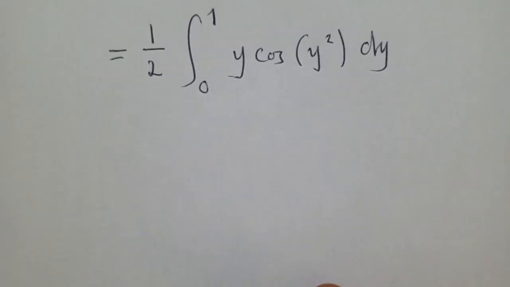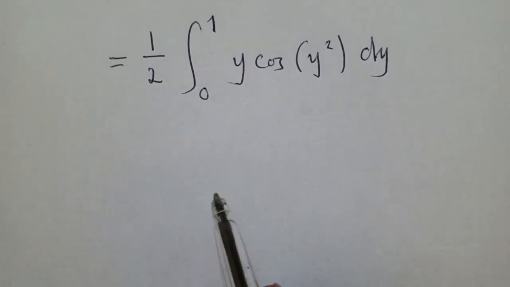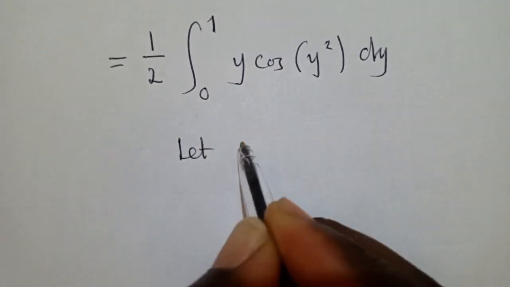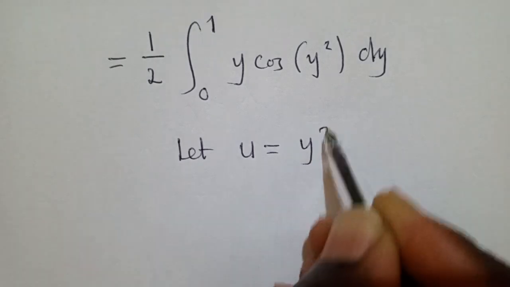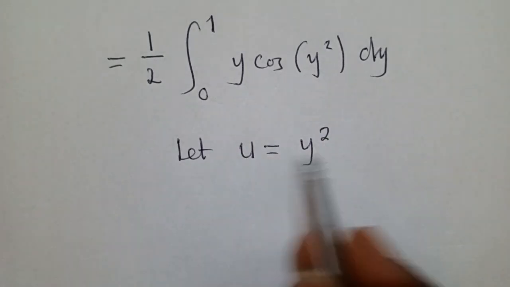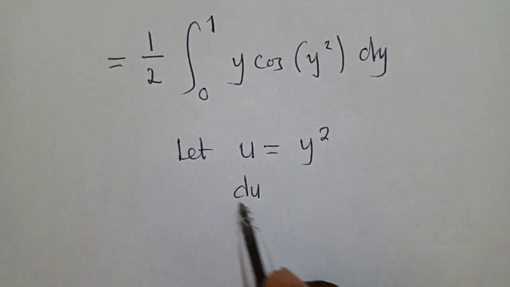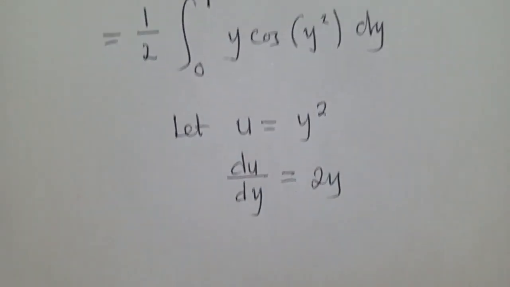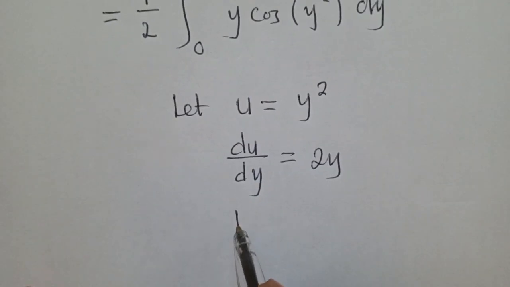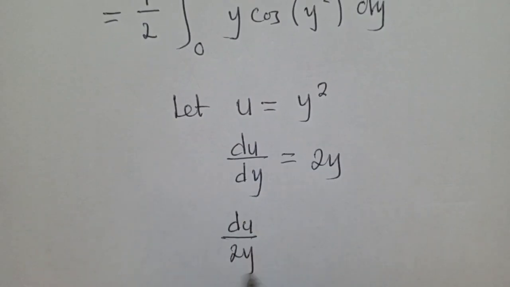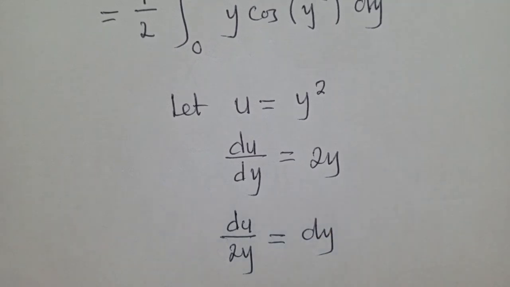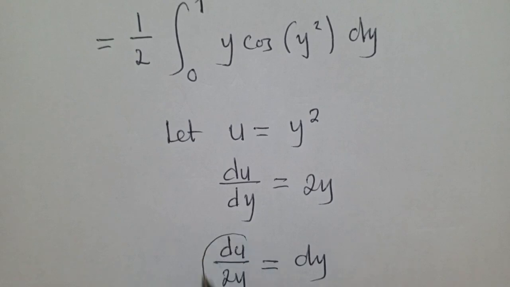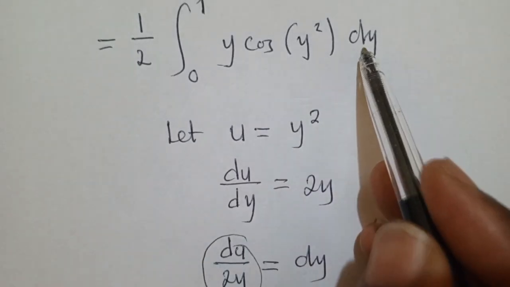Now from this stage, we are going to use u substitution. Let u be equal to y squared. We find the derivative, du/dy is equal to 2y. We cross multiply, and we have du over 2y is equal to dy. So we are making dy the subject of the formula, and we substitute it where dy is.